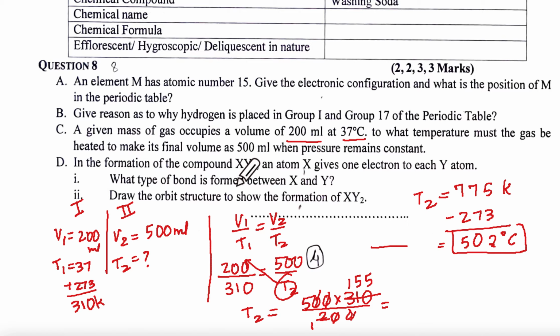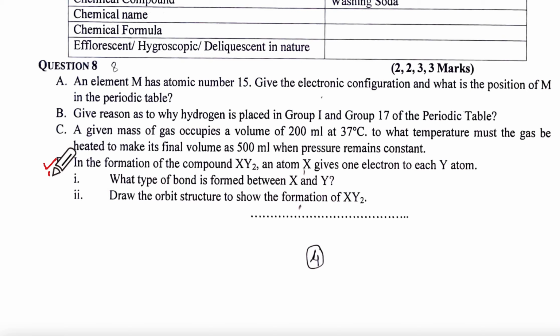The formula of a compound, now this one is again an important question. XY2, they are saying. X gives one electron to each Y atom. So X is giving one electron to each.